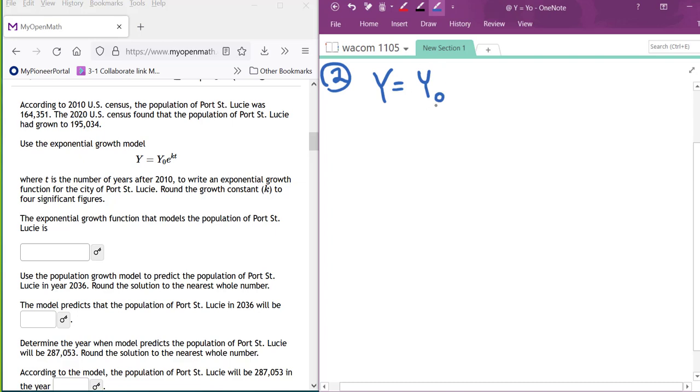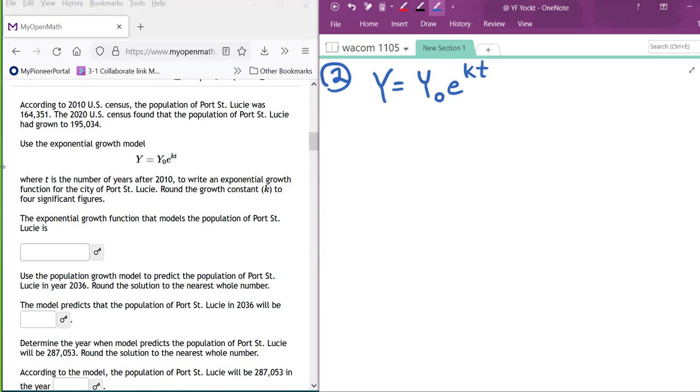Doesn't matter, y sub 0 or a sub 0 will always be your initial one. All right, so the 2010 census found the population was this. The 2020 census found the population was this. Use the exponential growth model, where t is the number of years after 2010, to write an exponential growth function for the city of Port St. Lucie. So what we're going to have to find here is the k using these so that we'll have a general formula.